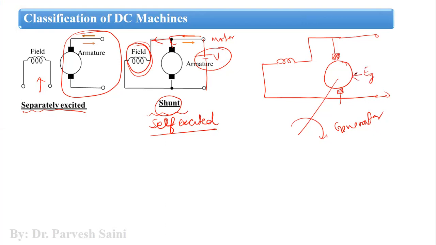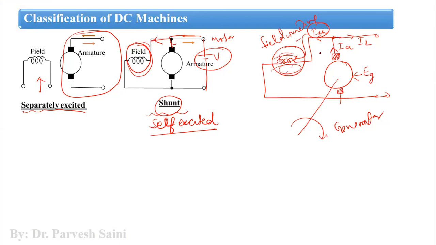Let us say this EMF is EG. The current will be going like this. This is the armature current IA, this is the load current IL, and this is ISH, the shunt current flowing in this particular field winding. It will produce a certain flux.